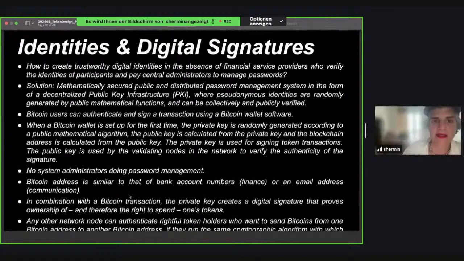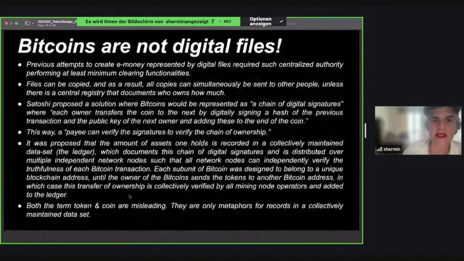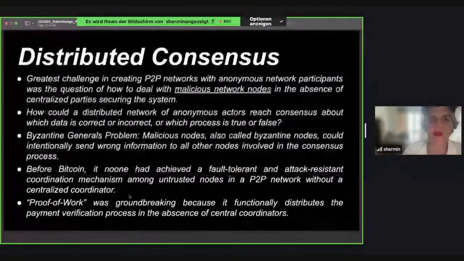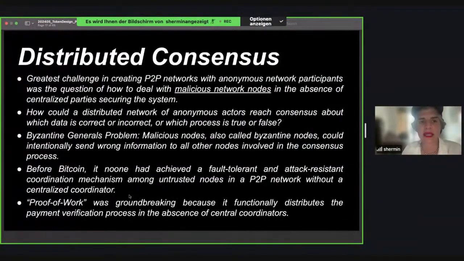So I explained the identities and that Bitcoins are not digital files. I will share the slides with you, but we don't need to read through everything again. So just to make sure that you also understand who the stakeholders are later, we need to go through this.